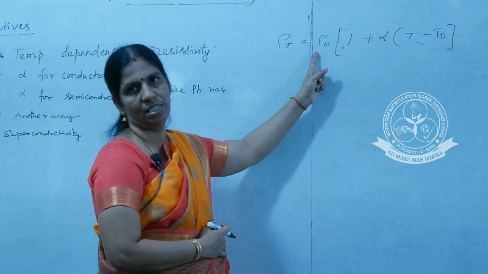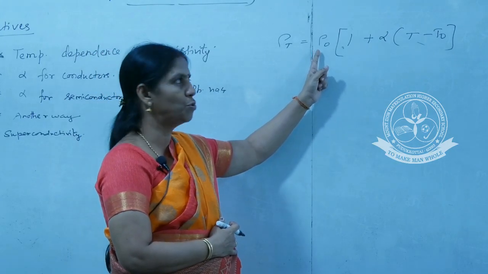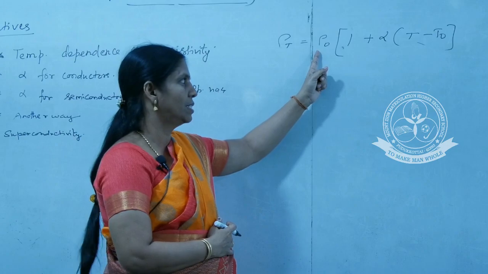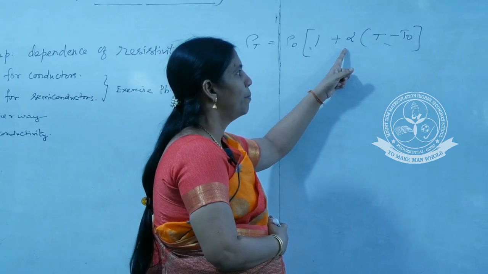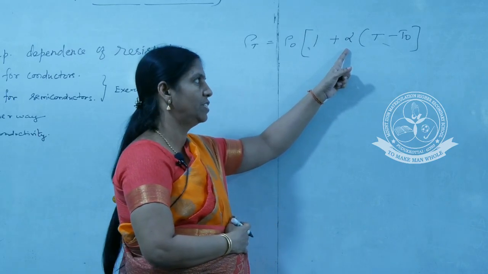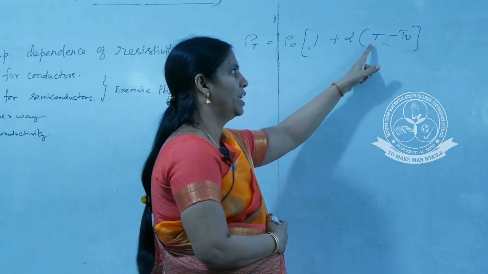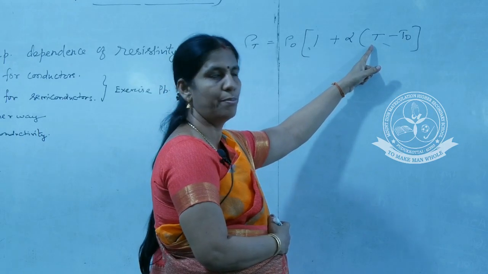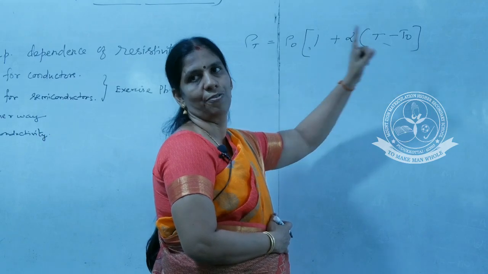Rho naught is the resistivity of a material at some reference temperature, usually 20 degrees Celsius, and alpha is the temperature coefficient of resistivity. T and T naught are the various temperatures, where T is any particular temperature and T naught is the temperature known as the reference temperature.